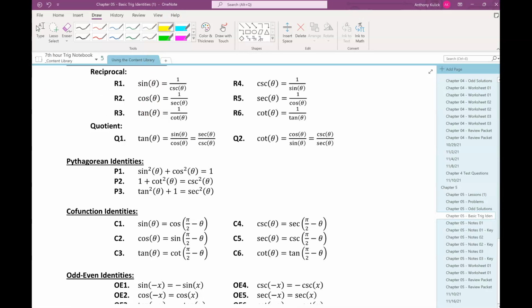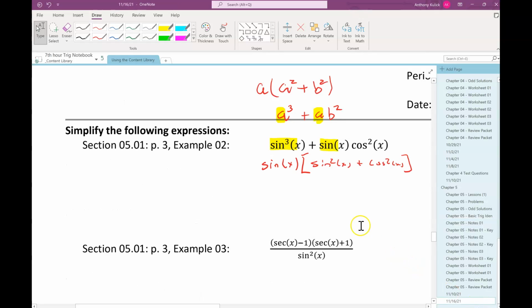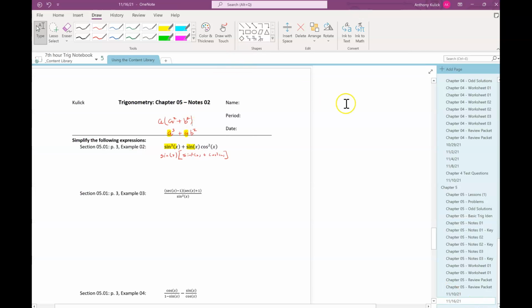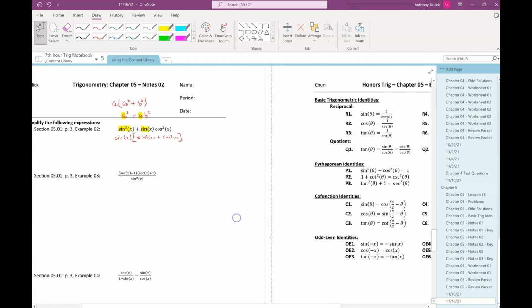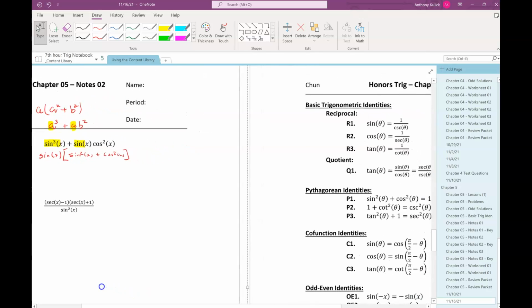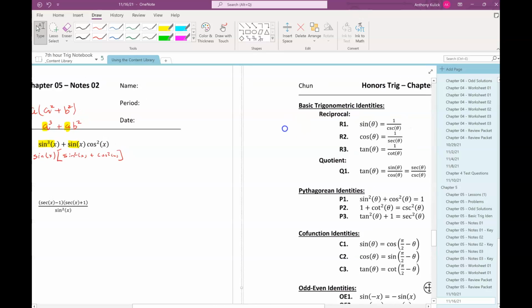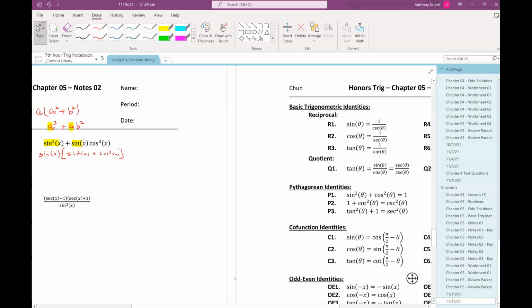Here, let's do this. In red is what we're working on.